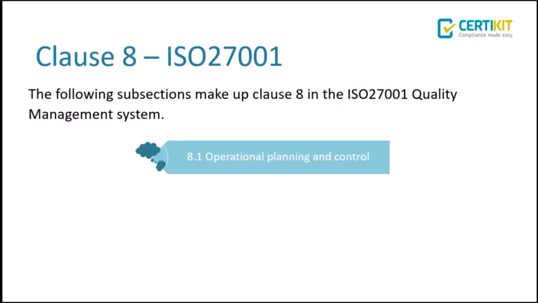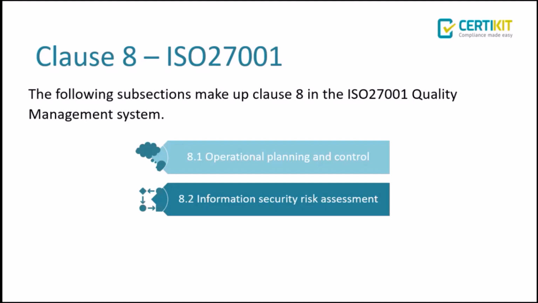But then, as Ted mentioned, clause 8.2, I think it is, which is to do with the risk assessment. What clause 8 requires you to do, and this is typically done through things like your IT steering groups, steering committees, that sort of thing, is always perform regular updates to your risk assessment.